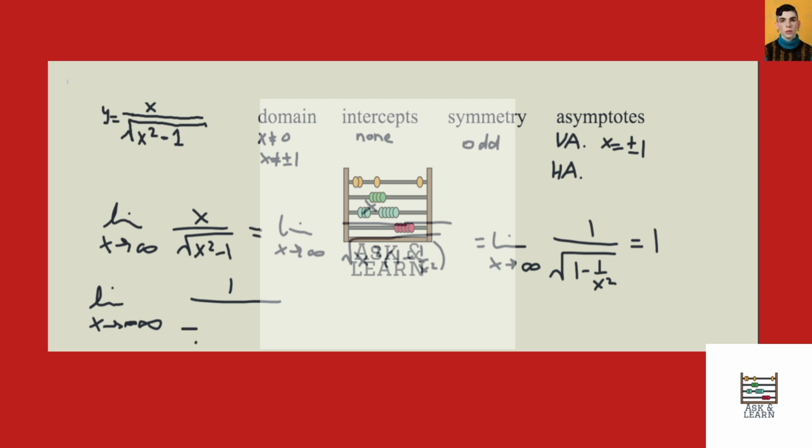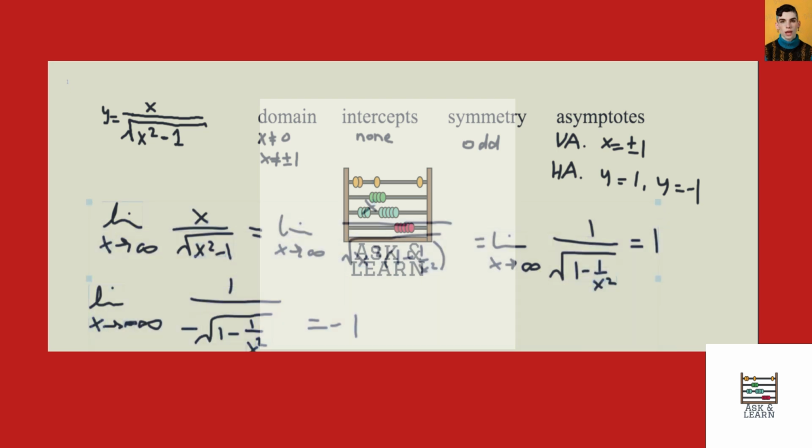So the limit of negative 1 over the square root of 1 minus 1 over x squared is negative 1. So we have horizontal asymptotes at y equals 1 and y equals negative 1.